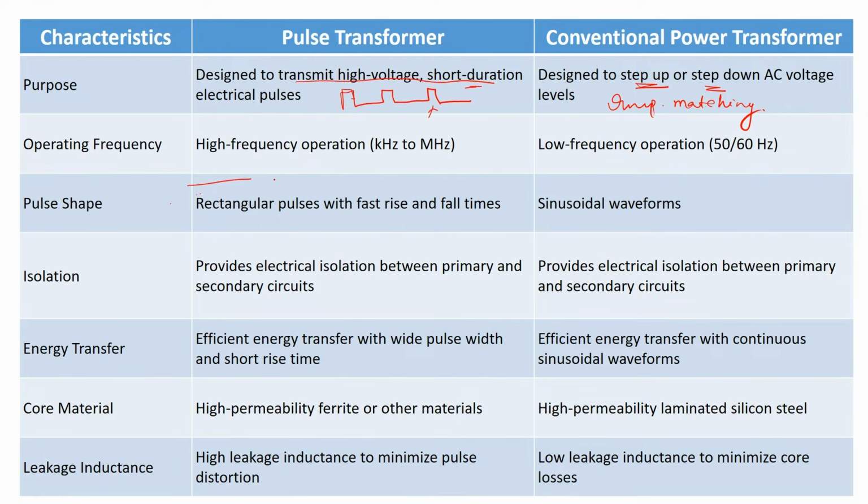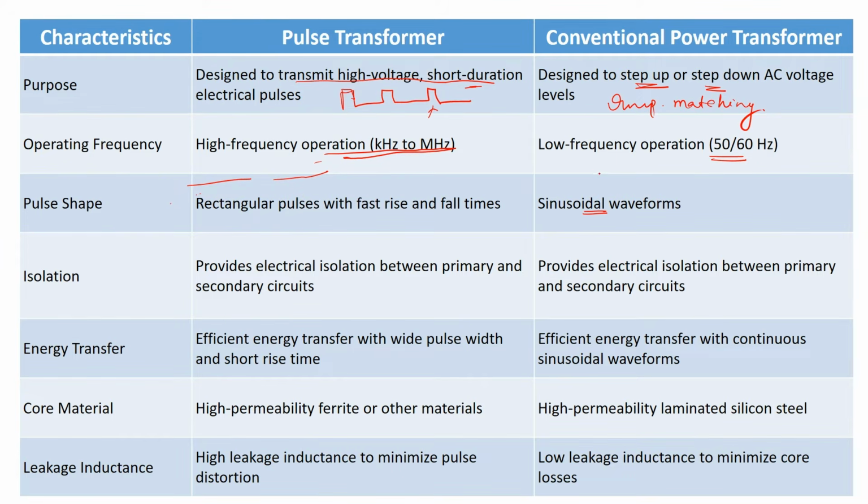In terms of kilohertz to megahertz, high frequency pulse transformers are utilized. Whereas conventional transformers are used for sine waves, at 50 to 60 hertz. The waveforms are also sinusoidal.